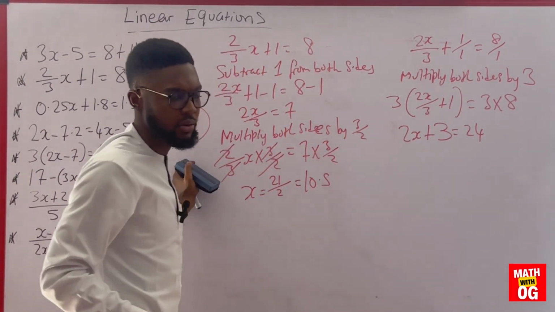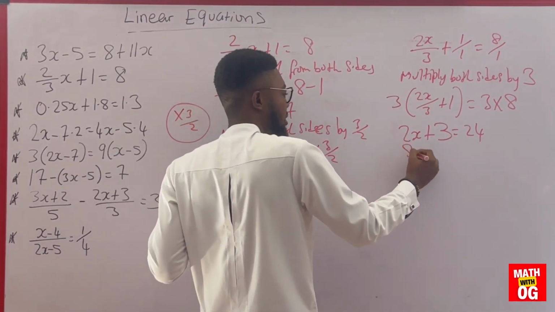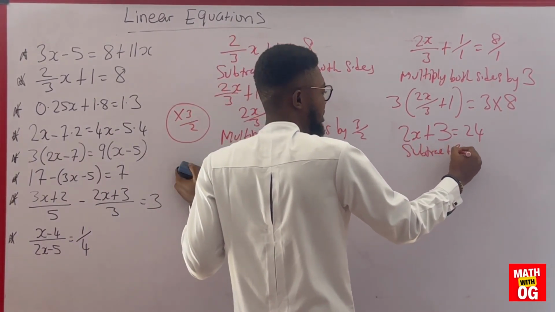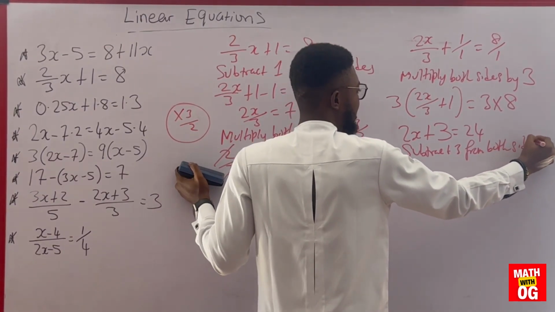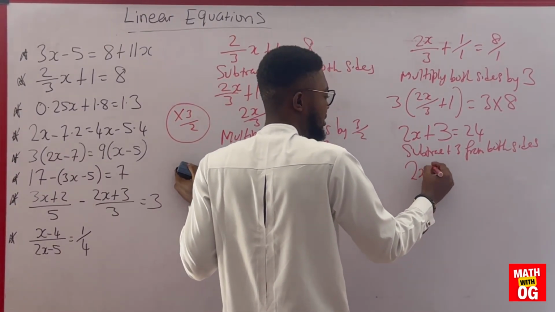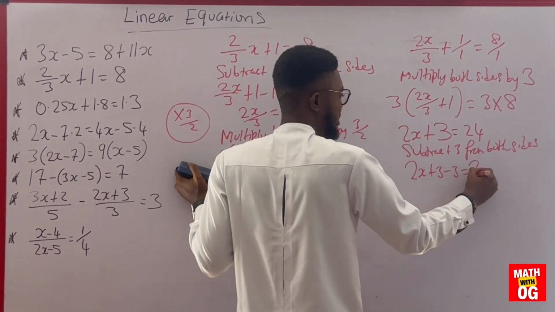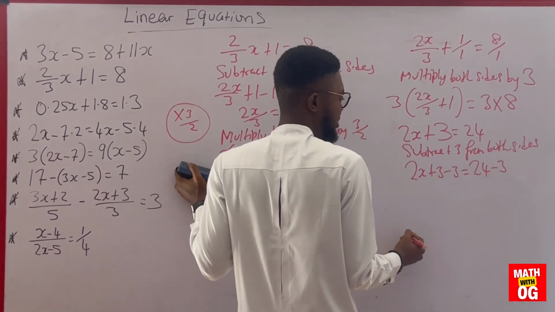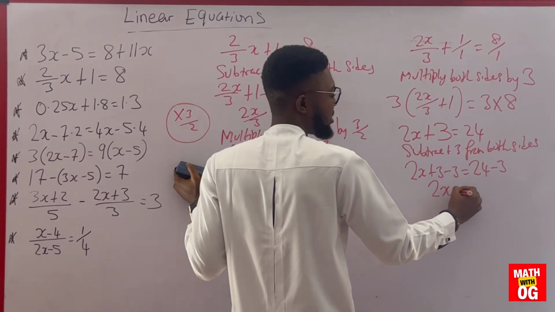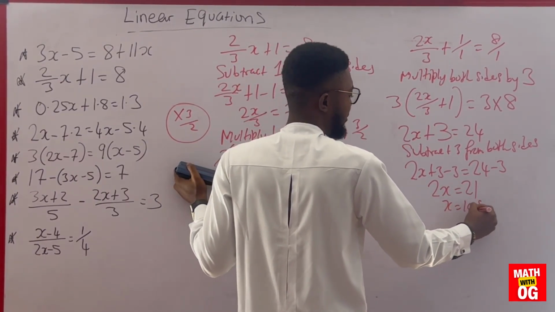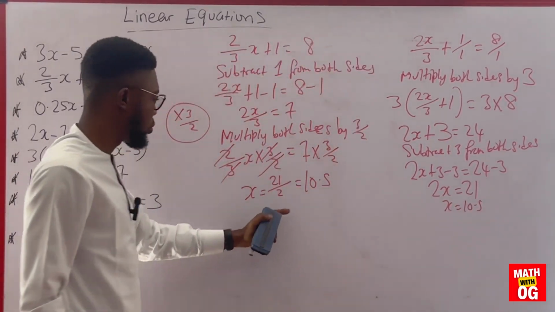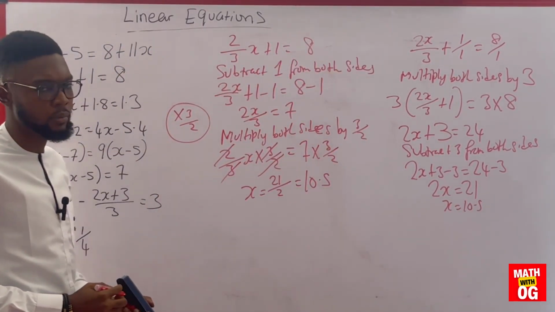Now collect like terms, that means subtract 3 from both sides. So this will give us 2x plus 3 minus 3 is equal to 24 minus 3. So here you'll be having 2x is equal to 21. x is equal to 10.5 when I divide both sides by 2, which we've done here already.